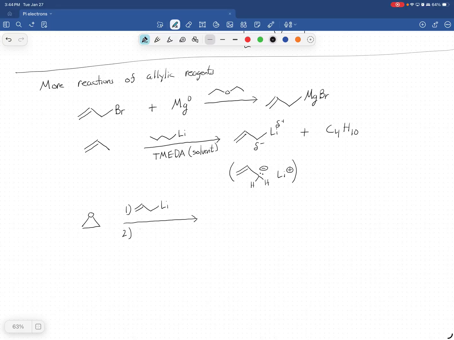All right, similar to a Grignard, it's going to attack this position right here, or its equivalent. But it'll attack the least substituted position. So it's like an SN2 reaction. Okay, so I generate the O minus, like that. And then what does the water do?